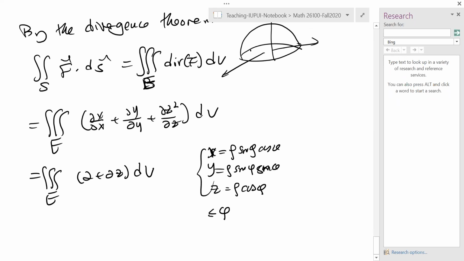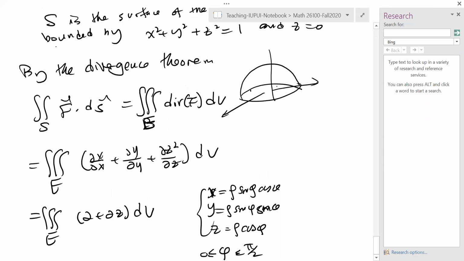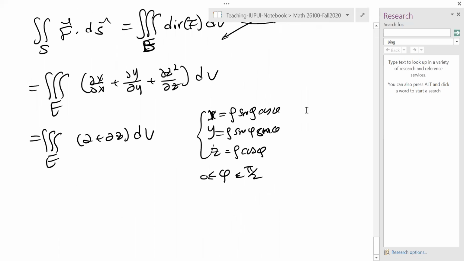So phi is between 0 and pi over 2. That's a key point, okay? Because this is angle phi, and phi cannot be larger than pi over 2, otherwise you go to the lower hemisphere, right? So theta has no restriction. Rho has no restriction, it's going to be greater than or equal to 1, right? All right, that's the setting up.